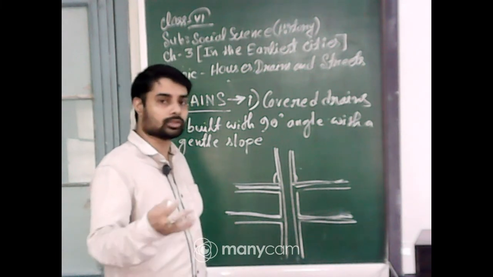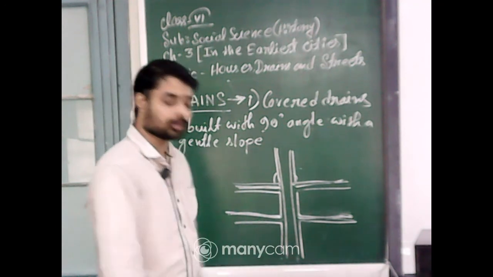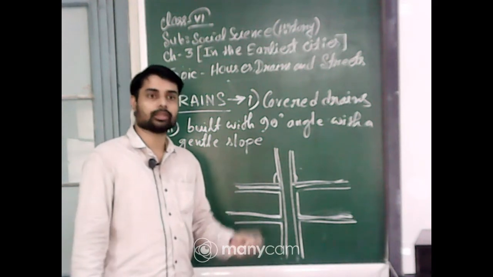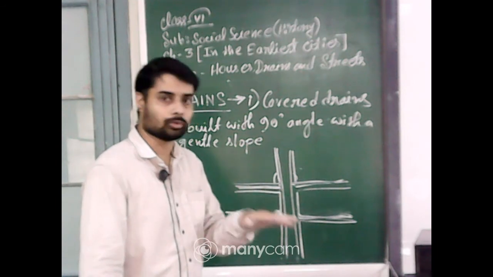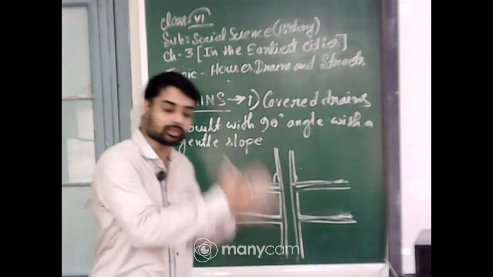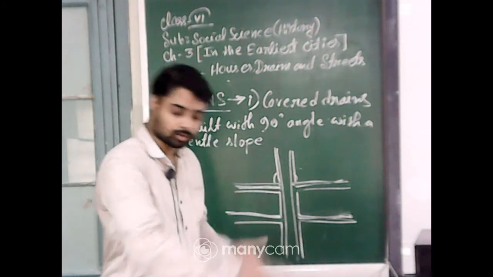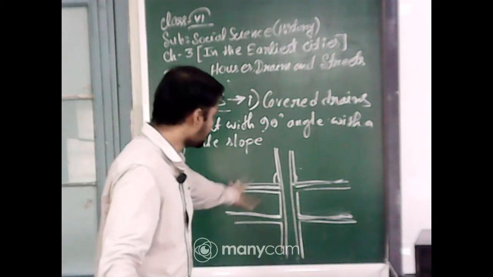When the drains were full with soil and other garbage, it was very difficult for the water to flow. So that's why they made soak pits, and the soak pits block the garbage at regular intervals, so the water could flow easily. So this is the drainage system.